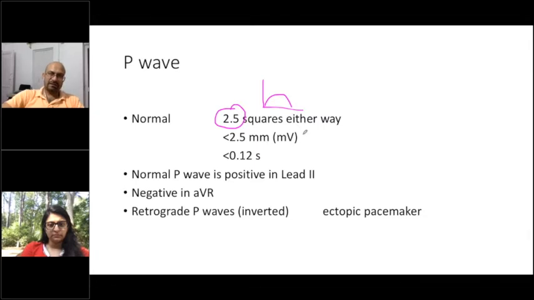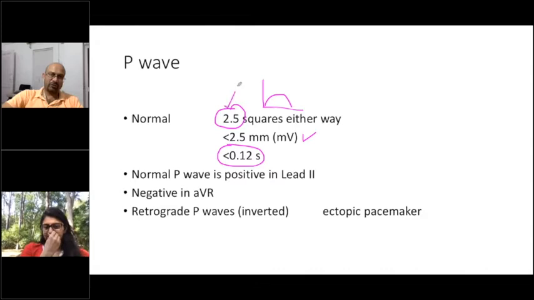That means it is less than 2.5 millimeters in the upward direction in the vertical axis, and it's less than 0.12 seconds in its length. That comes to about roughly 2.5 squares either side. A normal P wave is always positive in lead 2, and it is always negative in AVR, because we said AVR is a mirror lead most of the time.